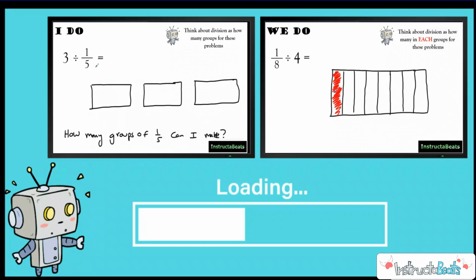So we did whole numbers divided by unit fractions and unit fractions divided by whole numbers, but for both of these lessons you see here, we were drawing models to help us understand what we were doing. So today we're going to be a little bit less artistic and a little bit quicker to help you get through these problems quicker and easier while still connecting it to what you did in previous lessons.